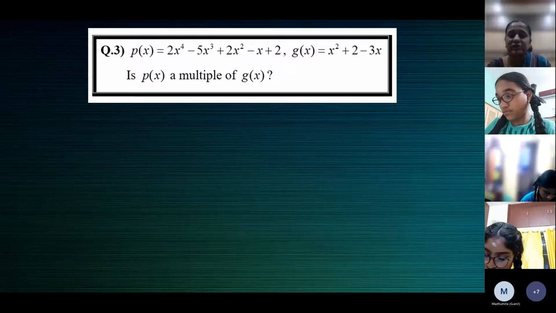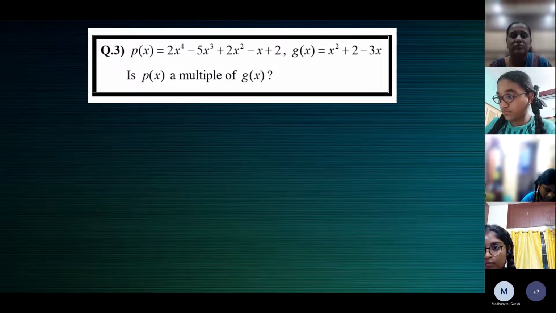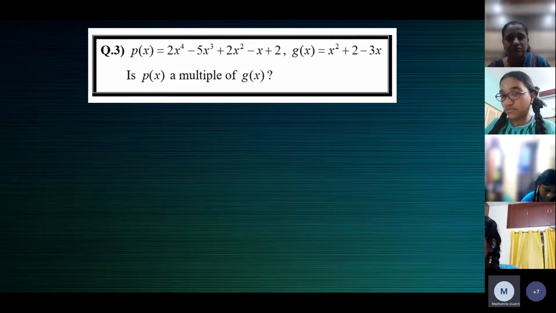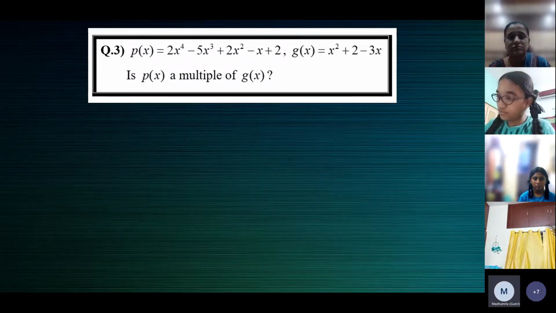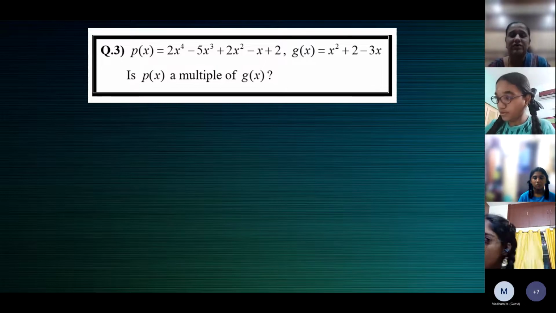Oh, you said we'll have to split the middle term. What will you do with the two factors next? Ma'am, like if it's x minus 2, then we're supposed to put 2 as p. We should find p of 2, ma'am. Okay, use the remainder theorem. So supposing x minus 2 and x minus 5, find p of 2 and p of 5.